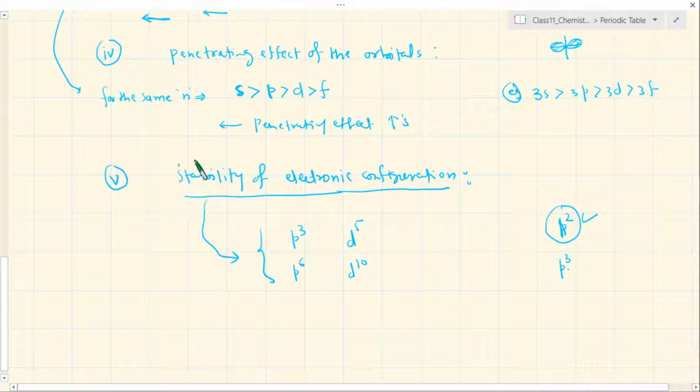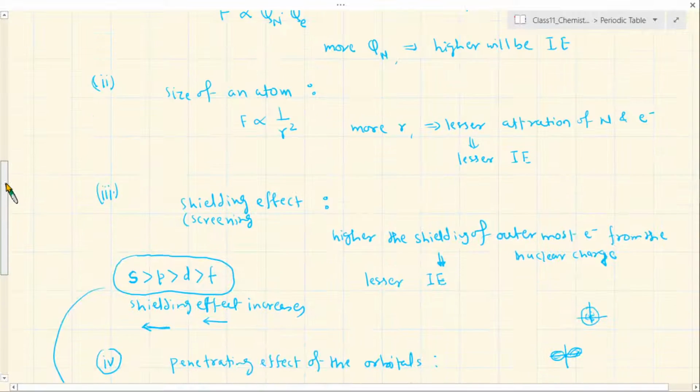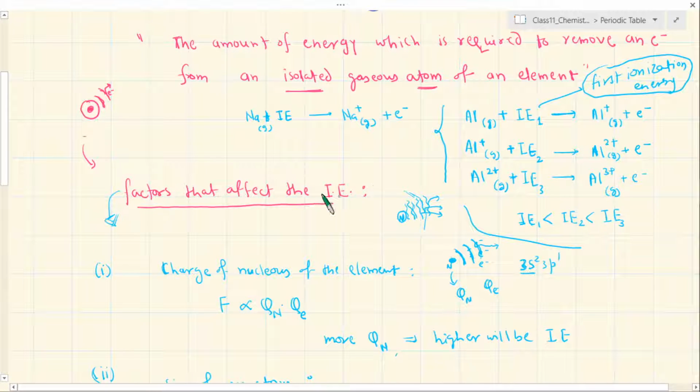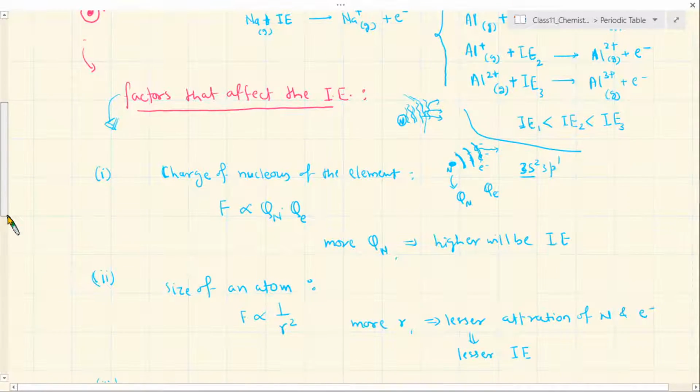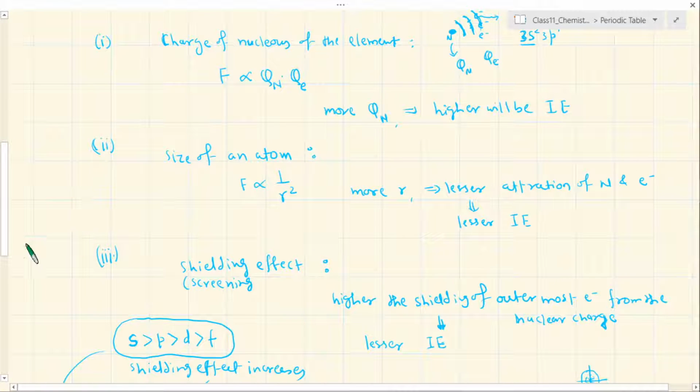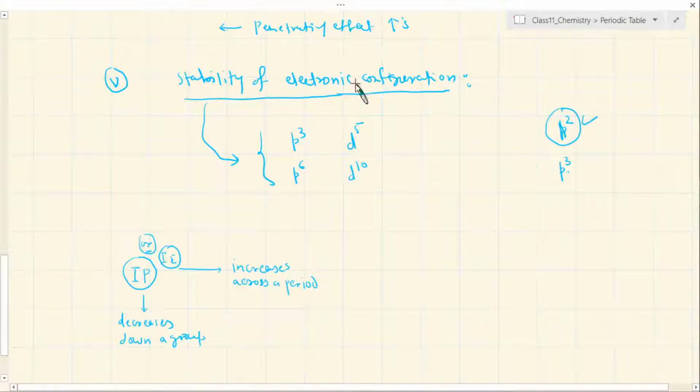So this is an extra stability which is provided because of this, and this also results from your quantum mechanics. So you have to consider all these aspects when you have to discuss. So let me tell you now, summing up very quickly, your ionization energy, let's say first ionization energy itself for any elemental atom, is a play of all these factors playing together. So these are general trends.